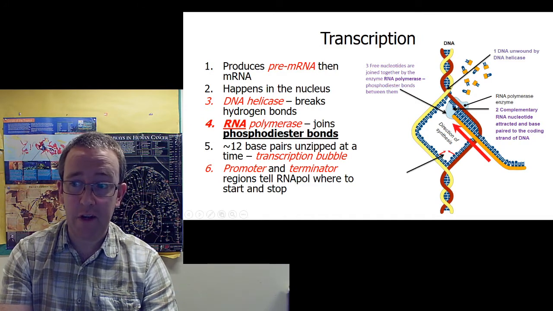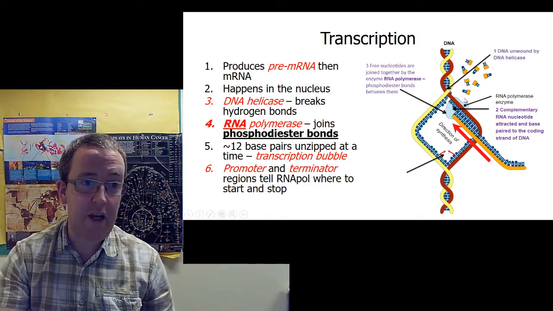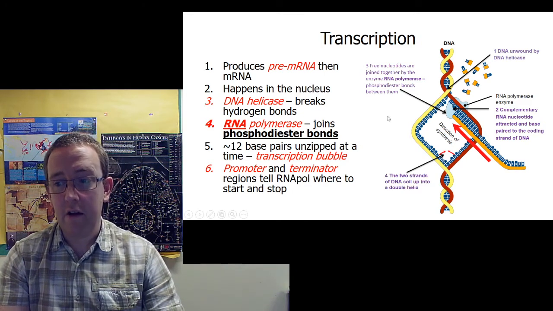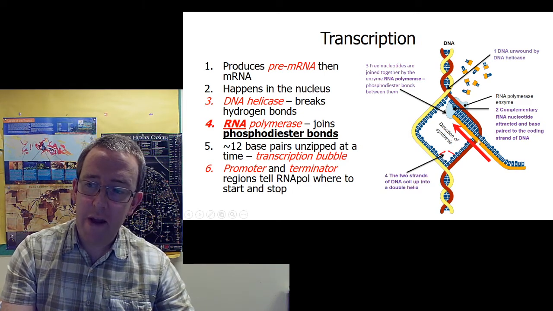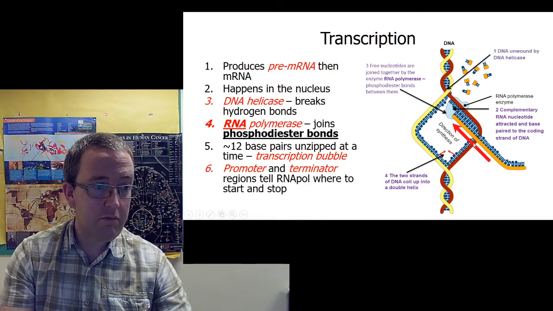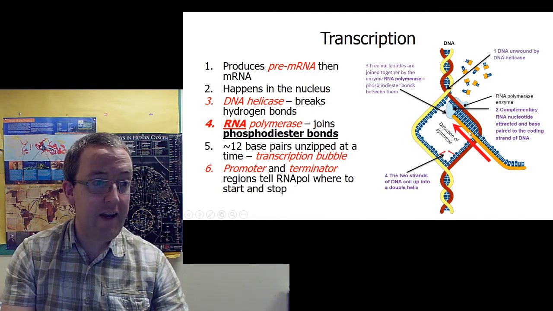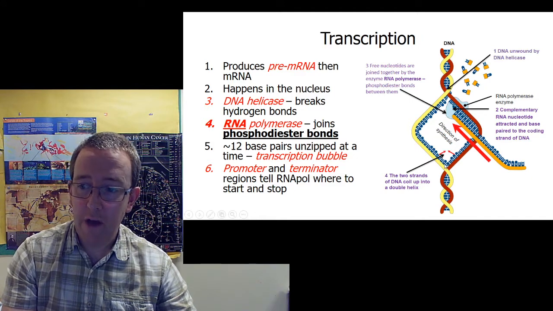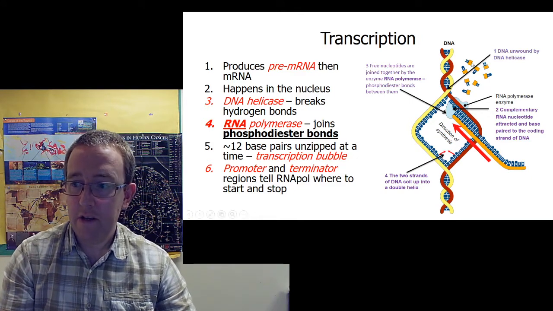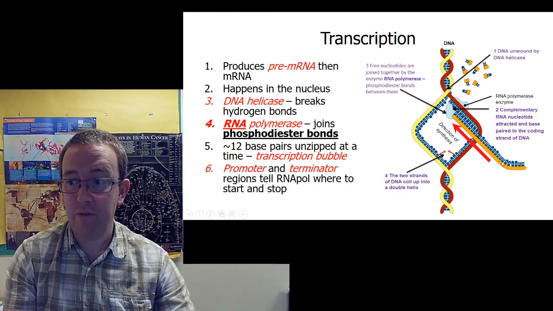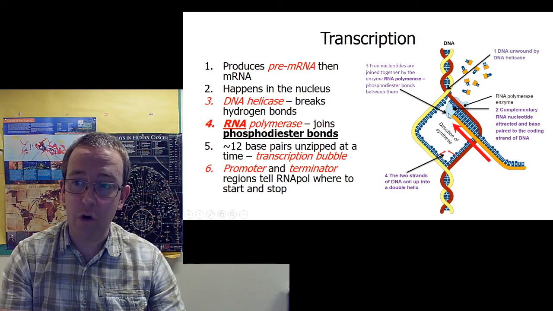Okay, if we had phosphodiester bonds to the other strand, you'd never get them to come apart. Right, and then lastly, as this moves along, not many of them are actually stuck on at any given time, 8 to 10-ish, and they peel off as the strand rewinds. So as the strands rewind, this primary transcript, this pre-mRNA, sort of peels off behind.